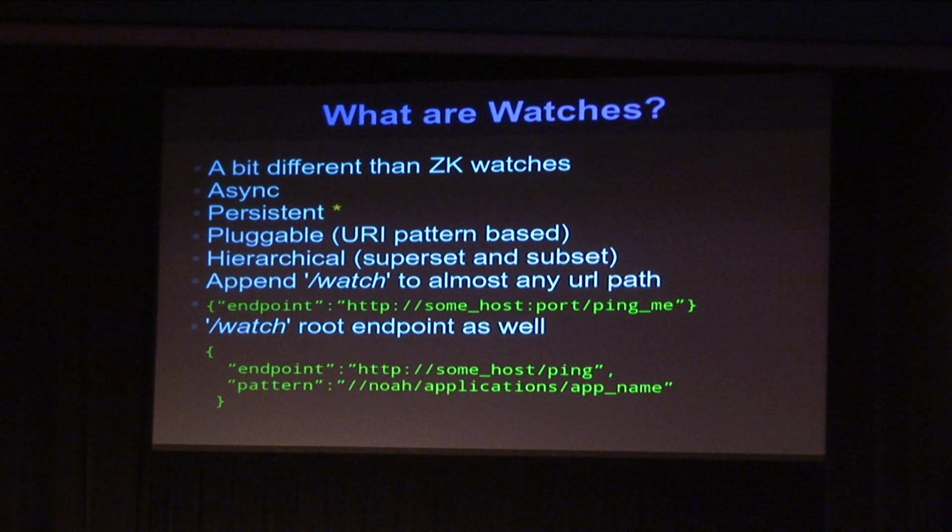That could cause a whole bunch of crazy problems nobody wants. So the restriction is a superset and subset rule: if you've got a higher precedent watch in place, you can't create one below it, and vice versa. If you have a lower one, you can't create one above it. The goal is just to prevent duplicate messages getting sent to the same endpoint.